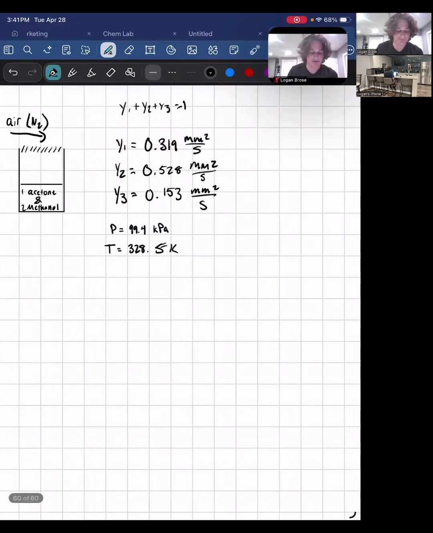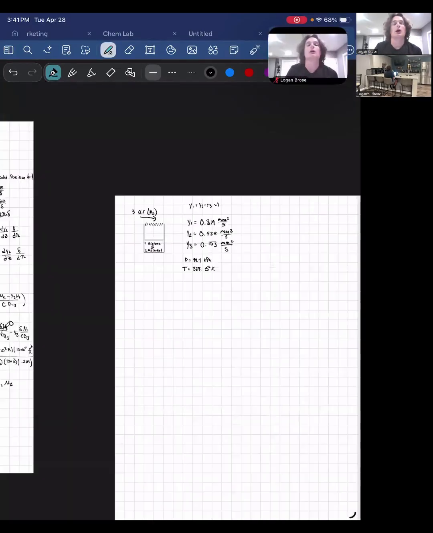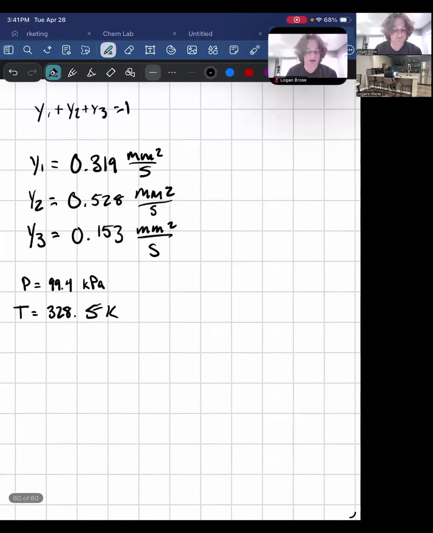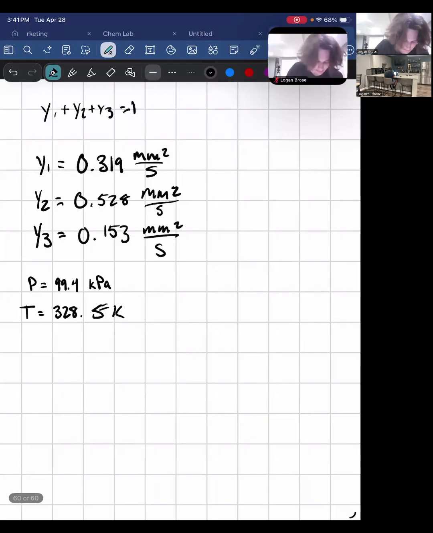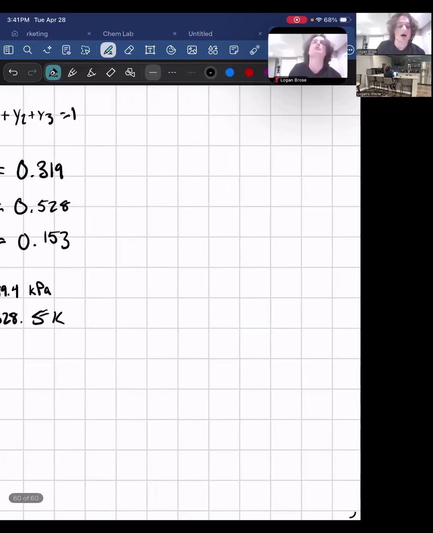Next, we were given the diffusivity, or sorry, diffusion coefficients, and actually, this is the units for the diffusion coefficients, not the concentrations, right?